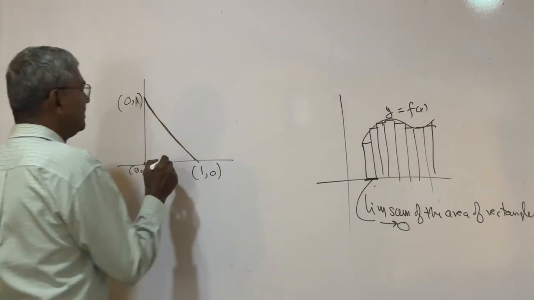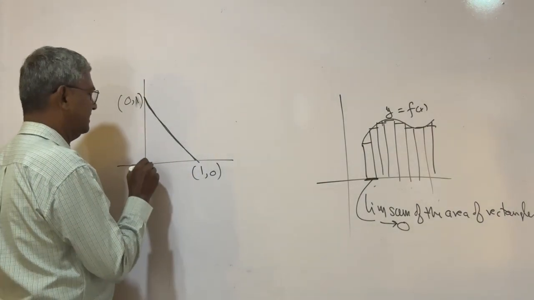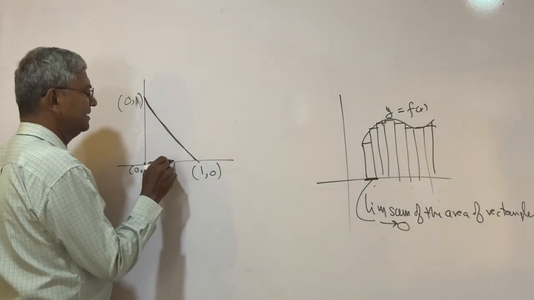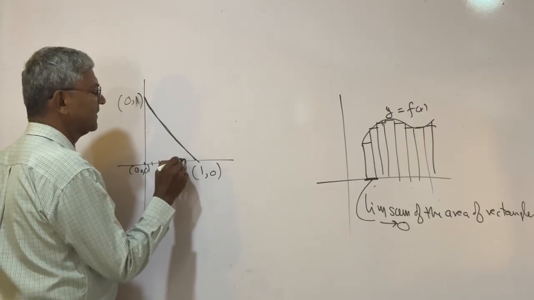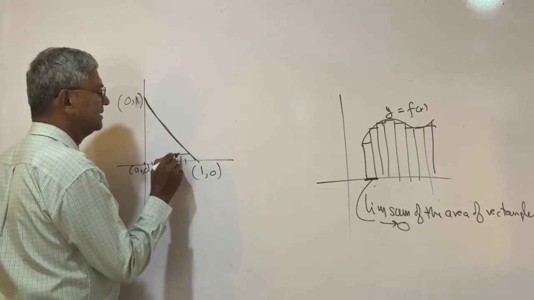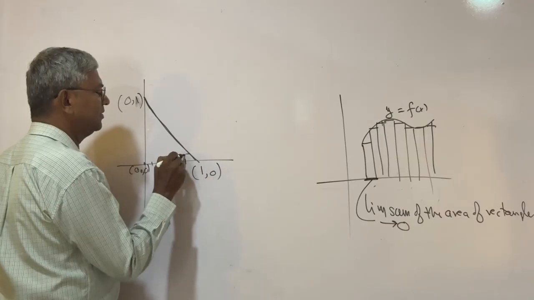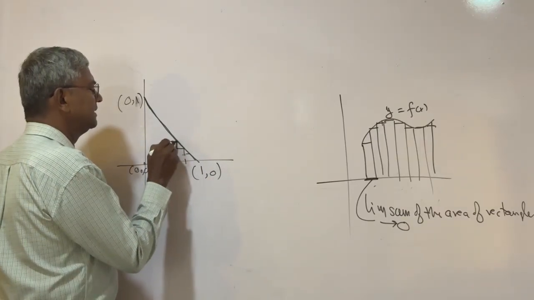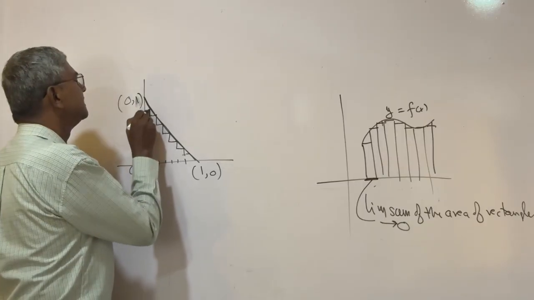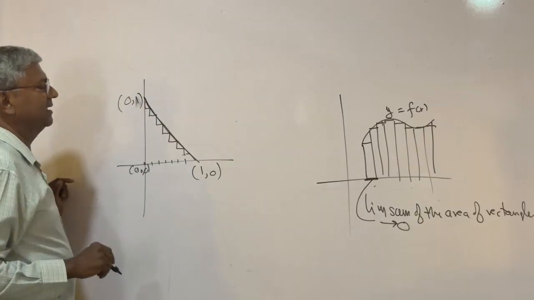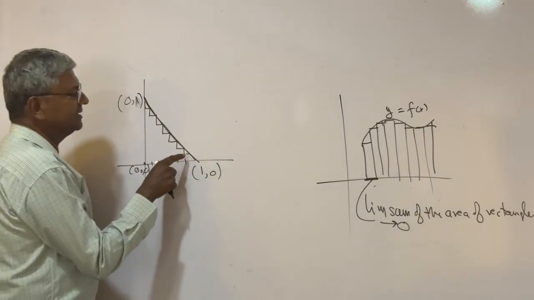You take capital N and you divide, then you get this kind of scale.